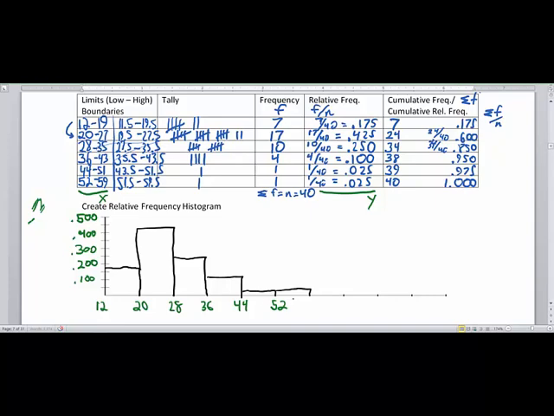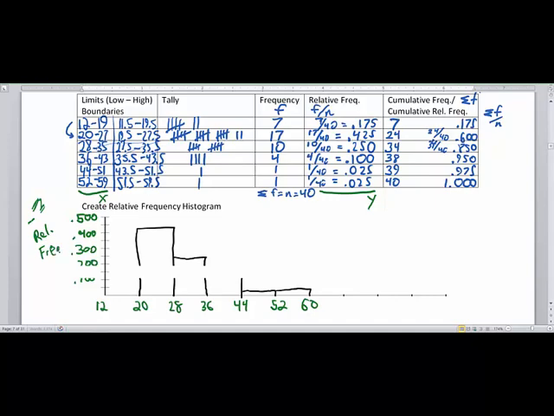This bar, because in this data set there was one fast food item between 52 and 59, then this here should be written as 60, because I went up with a space of 8. Now over here on the left-hand side, we should label what we're talking about. So this is the relative frequency.